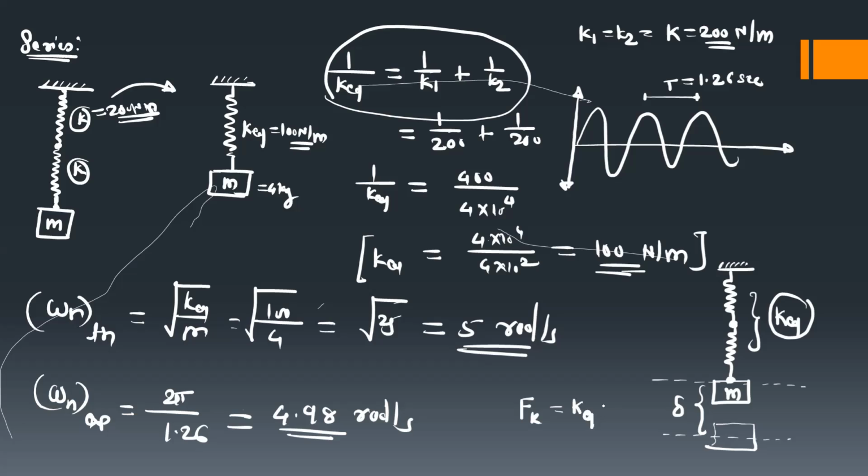So this is K equivalent into delta. So we know the value of delta. So K equivalent is equal to force upon delta, and force is nothing but the mass into 9.81. So it is mg upon delta. Okay. So experimentally, if you want to find out this equivalent value, then we should measure the deformation or displacement of the mass. Okay. And then by using this formula, you can find out the K equivalent. So let us check whether we get the same value as 100 Newton per meter.